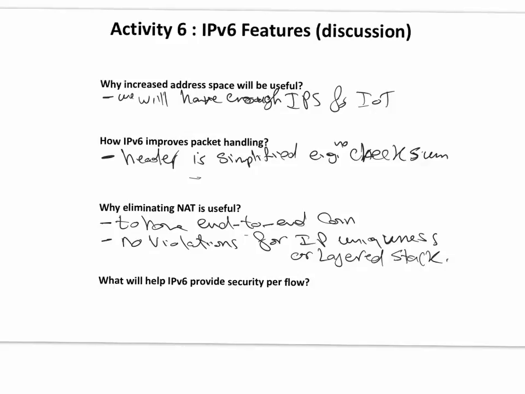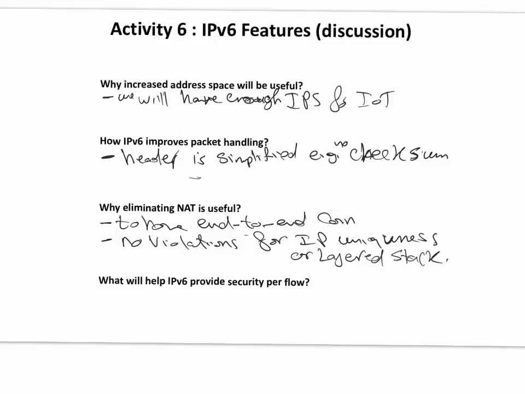IP version 6 not only eliminates NAT, but as we will see later, it uses another field called the flow label. The flow label not only identifies the end-to-end connectivity, it identifies the flow.